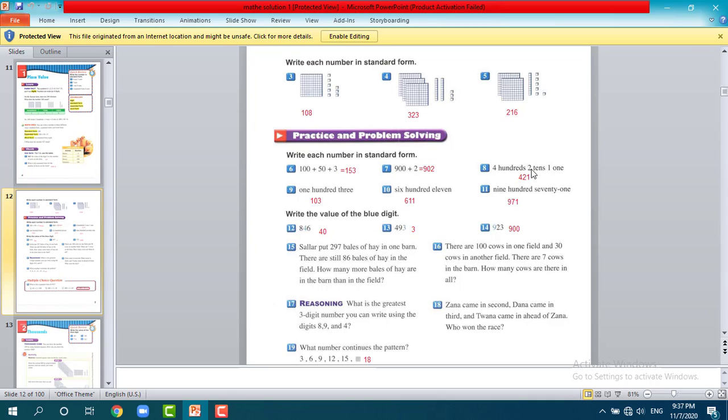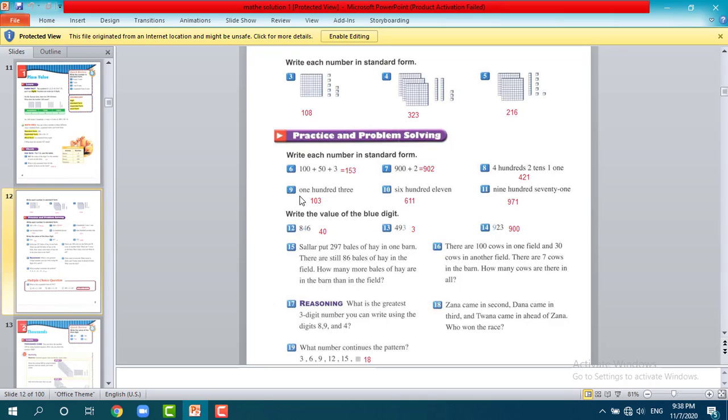After that, for 2 tens, we write 2 in the tens. After all of them, for 1 one, we write 1 in the ones. Now students, we wrote 421, and it's in standard form.